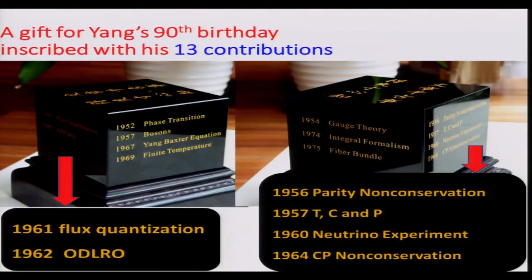It was inscribed with his 13 important contributions. On each of the 4 faces, there was inscribed the contributions in one of the 4 fields, namely condensed matter physics, statistical mechanics, particle physics, and field theory. And on the top, it's just the 2 lines I just read.